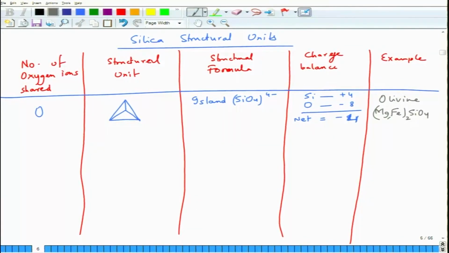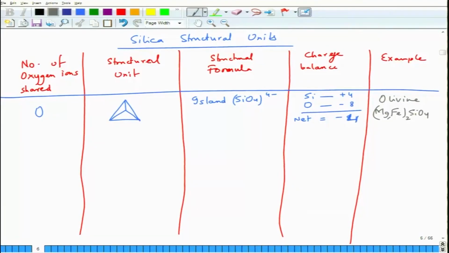So, you can see that there is attachment of these magnesium and iron atoms which fulfills the charge neutrality condition. Okay. So, these are cations which are looking to pair themselves with the silicate polyhedra, so that the extra charge, that is -4, is taken care of by magnesium and iron. So, it could be 1 magnesium 1 iron Fe2 plus, it could be 2 magnesiums, it could be 2 irons.